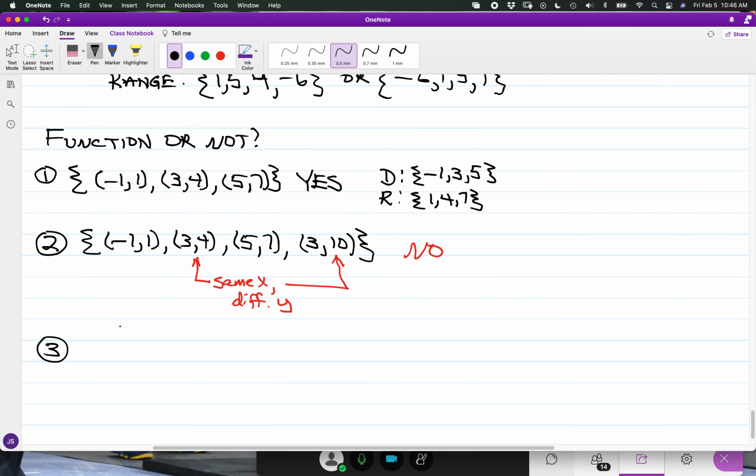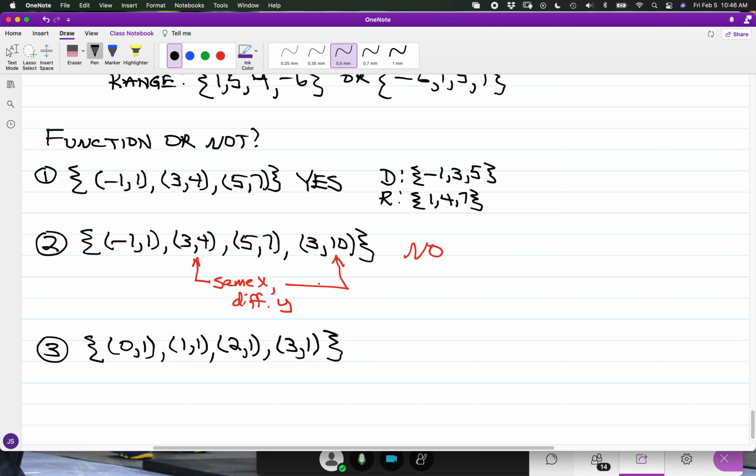Now let's say we have ordered pairs 0, 1, 1, 1, 2, 1, and 3, 1. Again, to be a function, for each x value there must be only one corresponding y value.